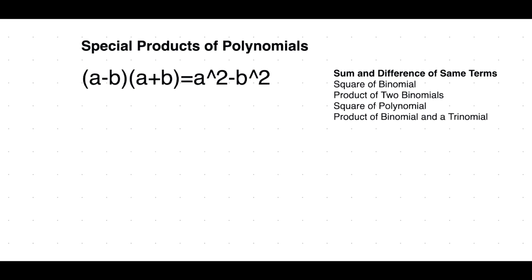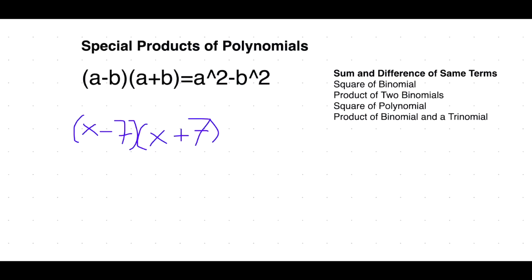So let's say in a hypothetical example, you have x minus 7 multiplied by x plus 7. Okay.